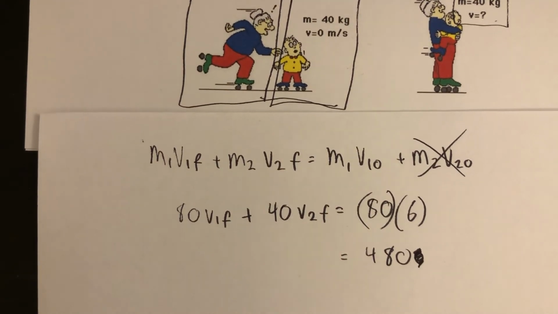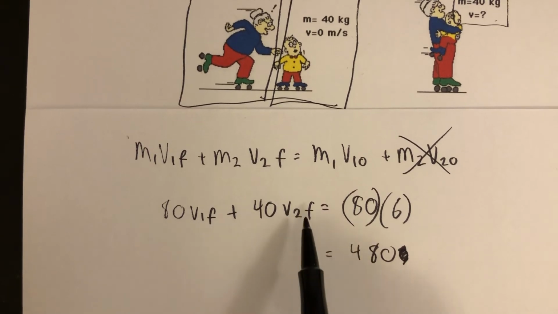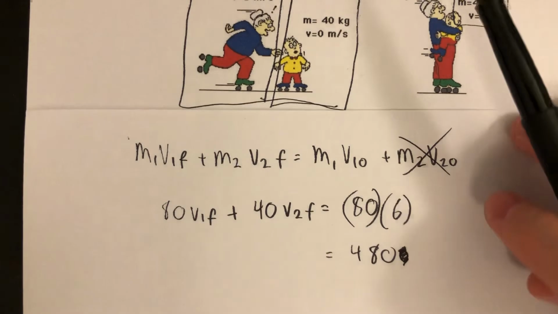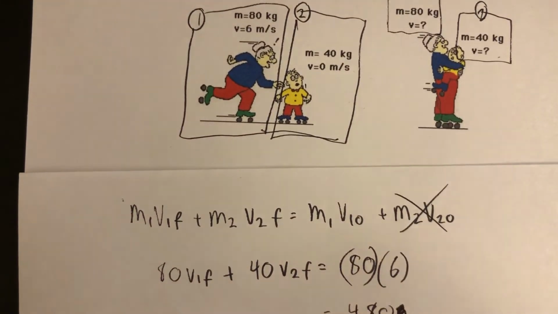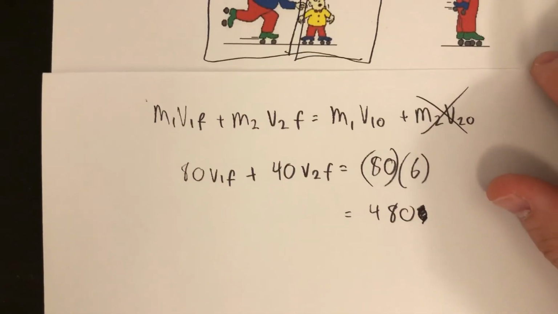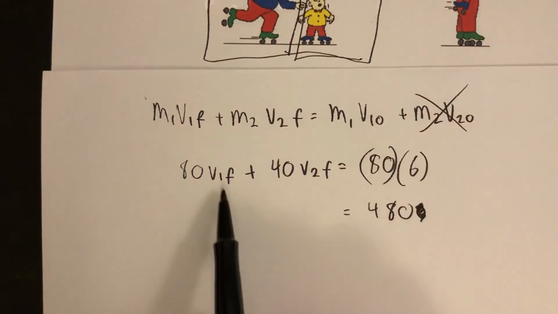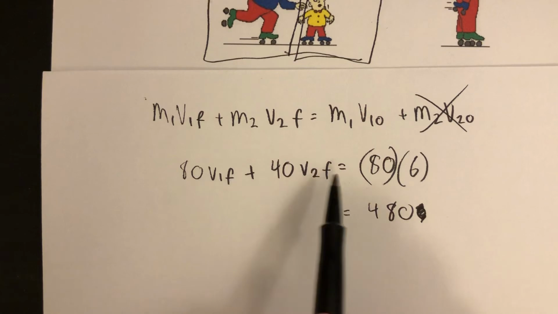And here's the little trick we're going to use. Right here, V1F and V2F are actually the same number because Granny and Ricky are moving off together. So their final velocity is going to be the same. So what we're going to do is distribute out those numbers. I'm going to make a little intermittent step here. I'm going to change this to just call it VF because V1F and V2F are the same number.